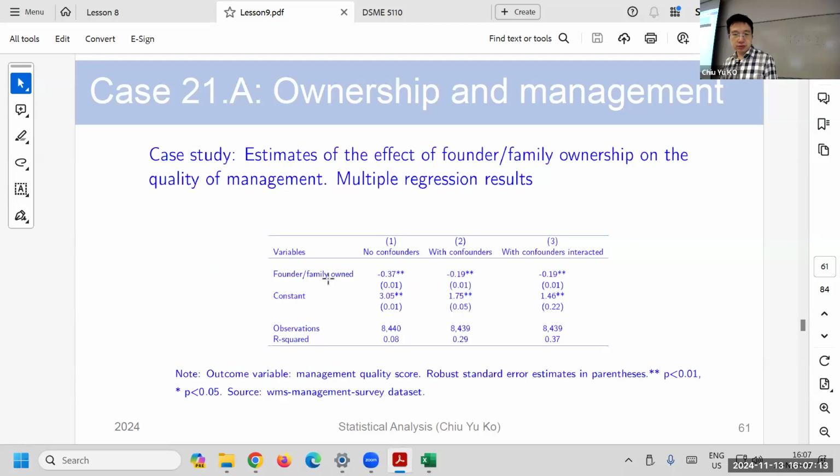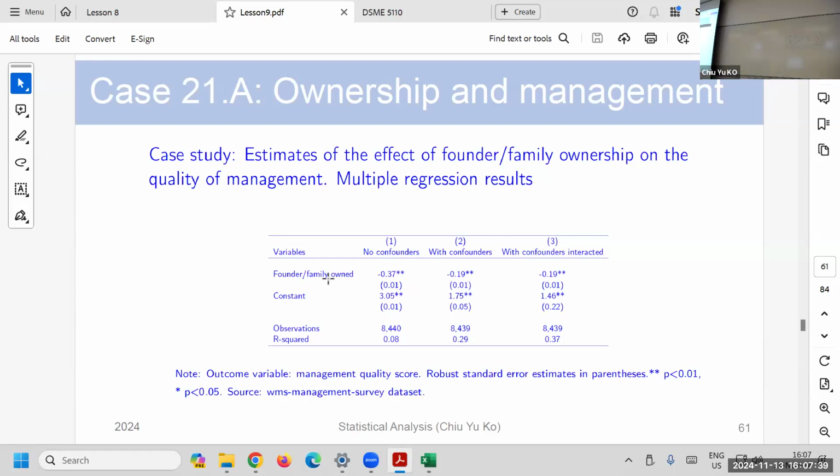And very quickly, this is the interpretation, right? If you just run the simple regression of family owned on management score, you will see that family owned companies actually have a lower score. It's 0.3 lower.